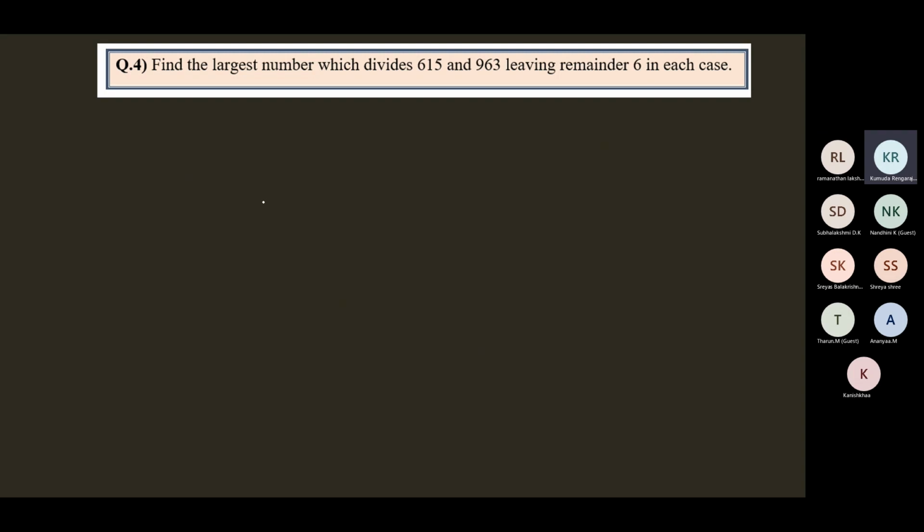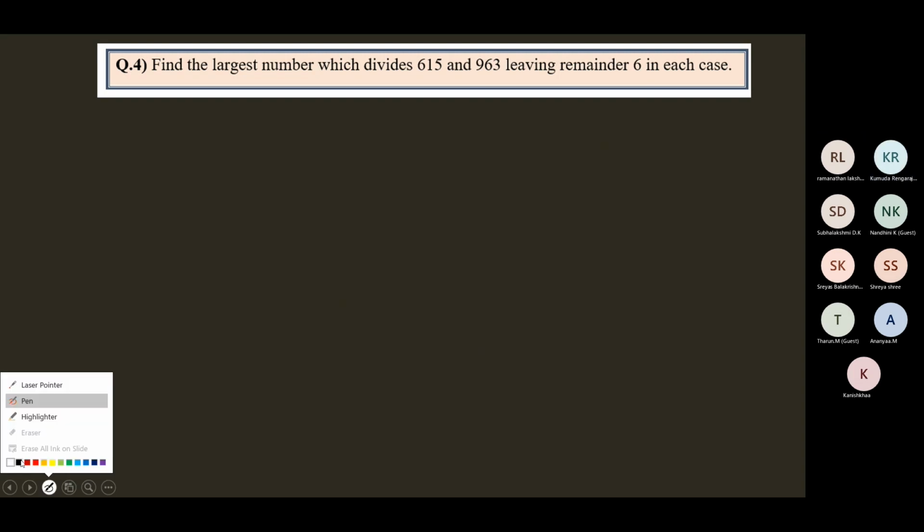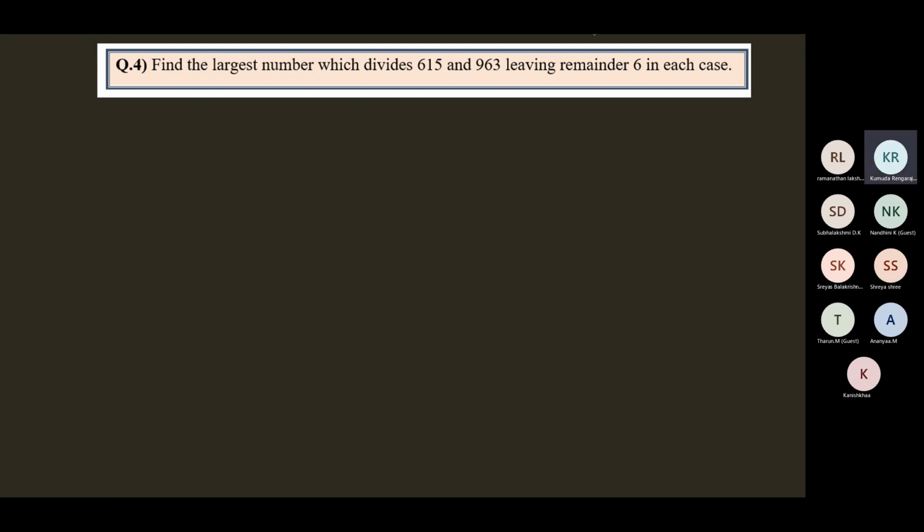Whenever you find the HCF, subtract the remainder and then find the HCF of the two numbers. If you're finding the LCM, you should ignore the remainder given at first. Find the LCM of the given numbers and then do some manipulation with this remainder.